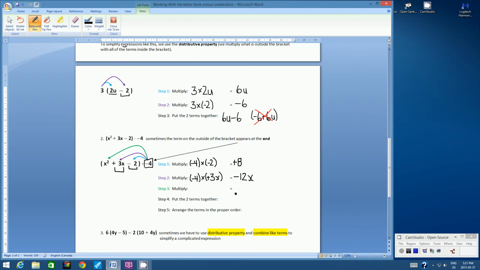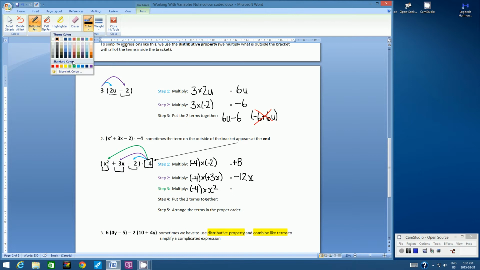Okay so far? All right, step 3 in this case, because there are 3 terms inside the bracket. We multiply the -4, we follow this green arrow, and we multiply it by the last term, which is x squared. So we have -4 times x squared.